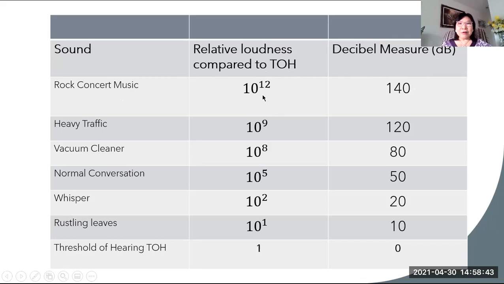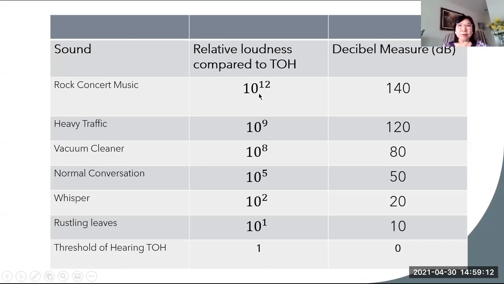Its loudness is based on base 10. All of this is based on base 10, and base 10 to the power 12 is the loudness compared to the threshold of hearing. Now our threshold of hearing down here is represented by 1, and the decibel measure is 0.